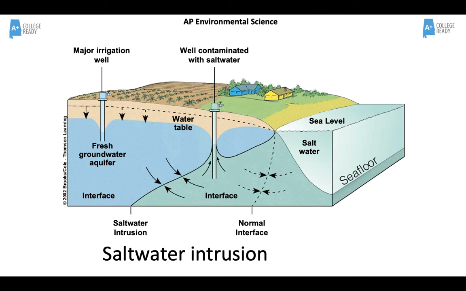And if it drops to a point where it's no longer holding back the salty seawater from the sides, it can move into the remaining water that's in that aquifer and basically ruin it, because now it has salt in it, and that's called saltwater intrusion.